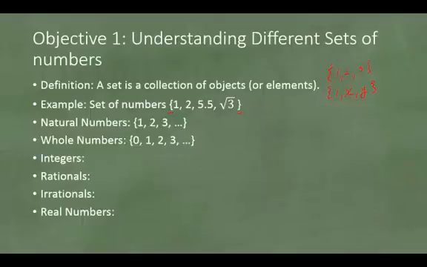Some important sets are the natural numbers, which is just the counting numbers, 1, 2, 3, etc. The whole numbers, which is just the natural numbers with 0 included, 0, 1, 2, 3, etc. The integers, which is just the whole numbers, 0, 1, 2, 3, 4, etc., also with negative integers, negative 1, negative 2, etc.